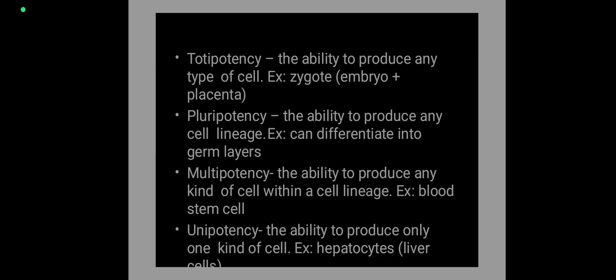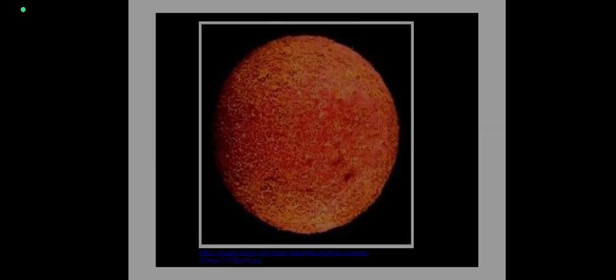If you damage white blood cells or red blood cells, a multipotent cell can regenerate them. Unipotency is the ability to produce only one kind of cell, for example hepatocytes: if liver cells are damaged, a unipotent stem cell can synthesize only liver cells.